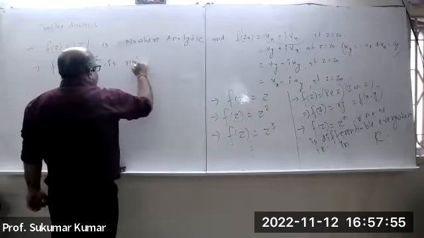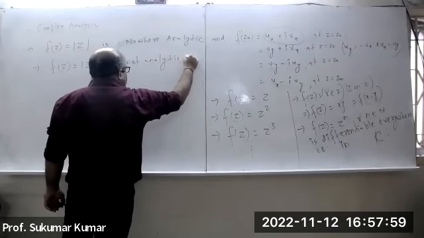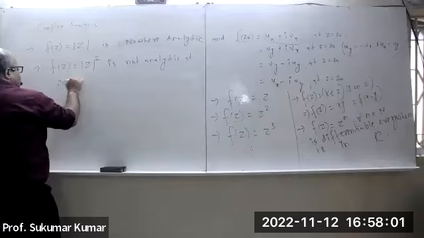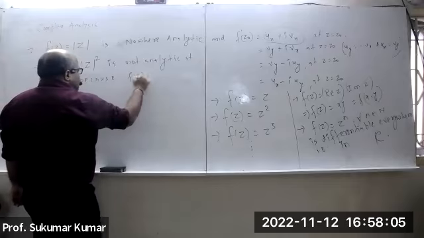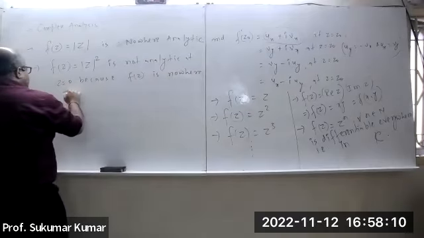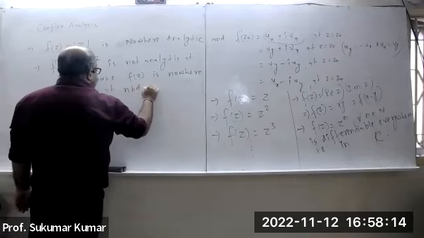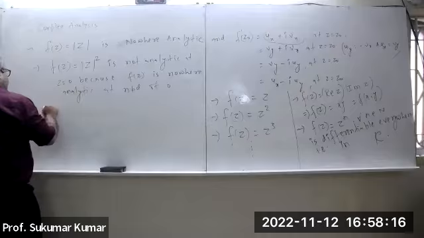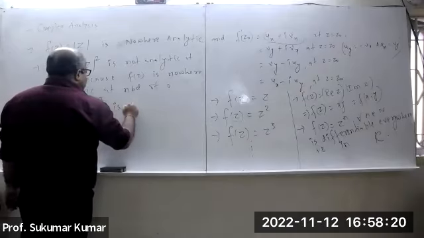F of z is not analytic at z is equal to 0 because f of z is nowhere analytic in a neighborhood of 0. Finally write: mod z squared is nowhere analytic.